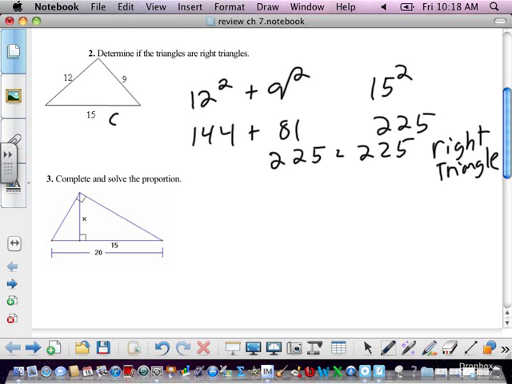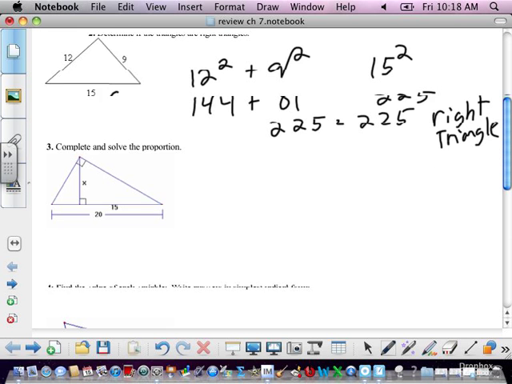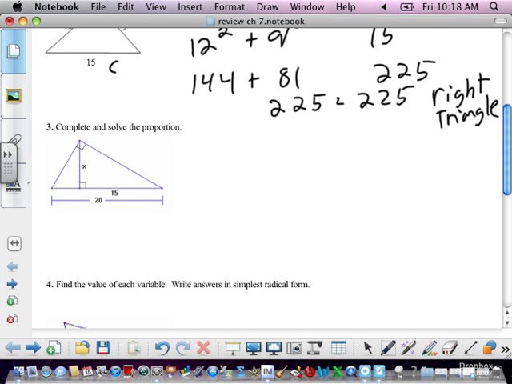All right, I'm going to show you a shortcut for the next one. I know it has like a whole thing set up for you to plug it in and then cross multiply. I think this is easier. If this whole thing is 20 and this part is 15, what's this leftover little part right here? 5. So you know that the two bottom parts, if the hypotenuse is broken up to be able to find the altitude, we simply go x equals the square root of 5 times 15.